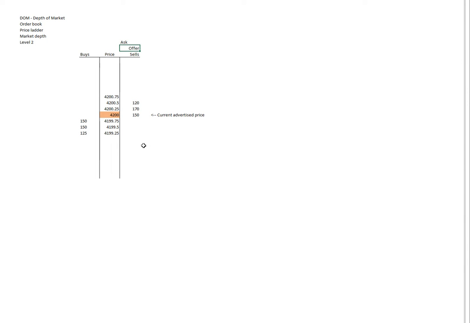Offer, also known as the ask. So they are selling at 4,200. They are offering 150 contracts at 4,200. They are asking for 4,200 for their 150 contracts. So I just wanted to provide those names, and they line up obviously very nicely with supply and demand, right? The demand is over here, and they are supplying these things over here.